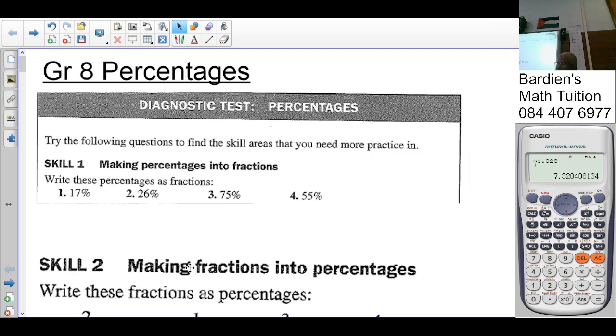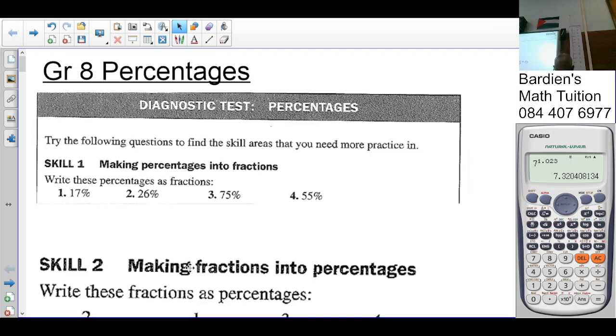Number 8 is 7 over 500. Number 10 is 21 over 200. Number 12 is 3 and 17 over 20, which is correct. The improper fraction equivalent is going to be 77 over 20. Number 14 is 19 and 19 over 100.